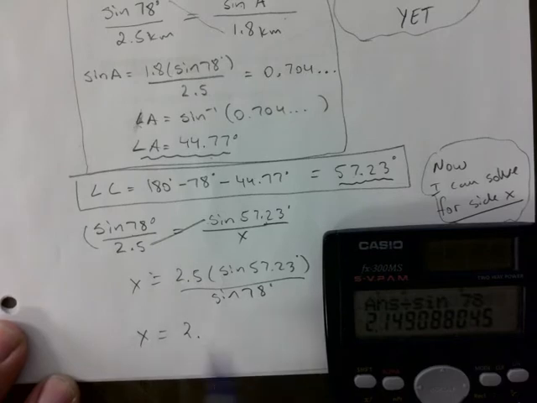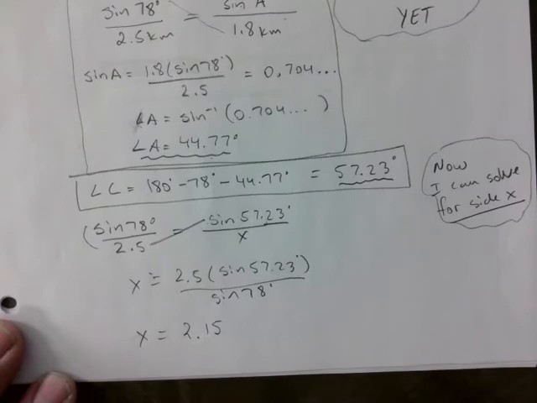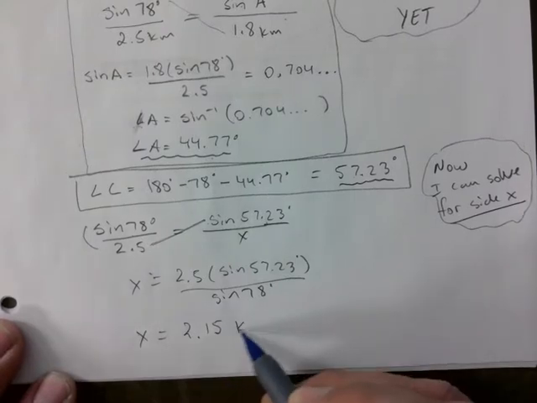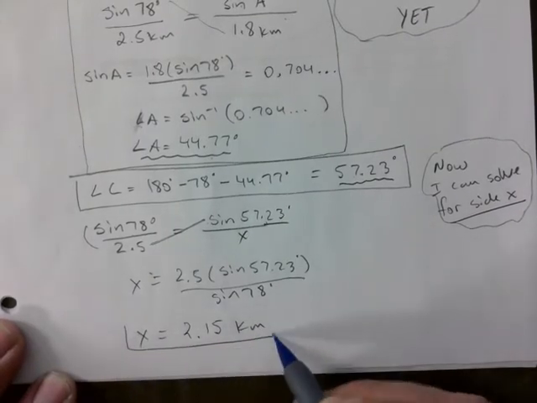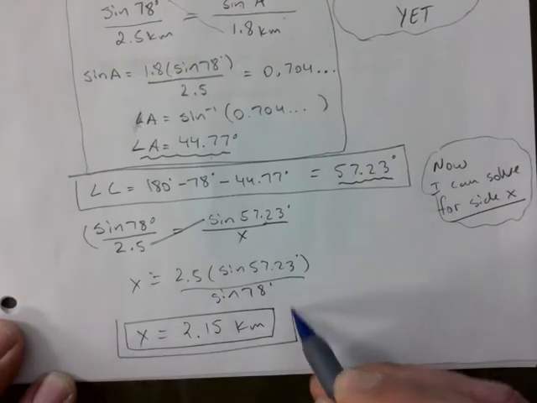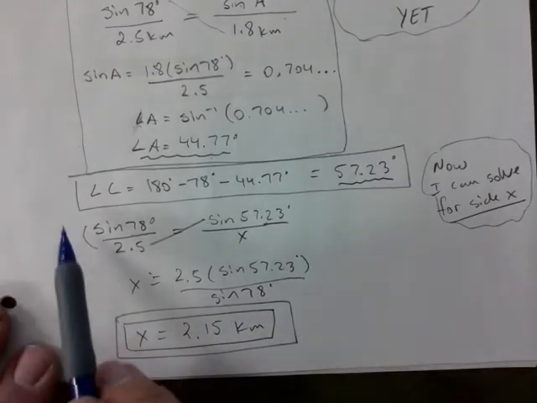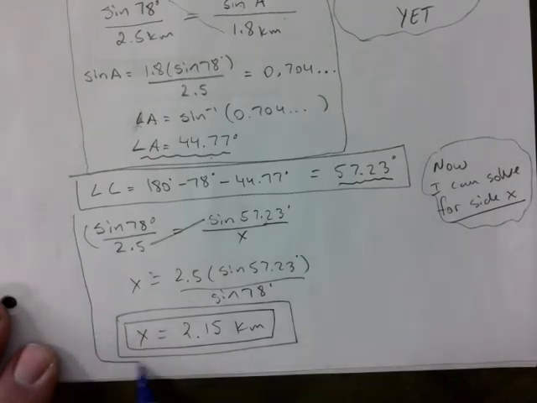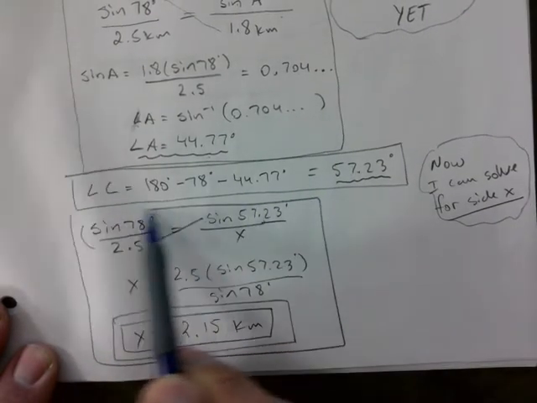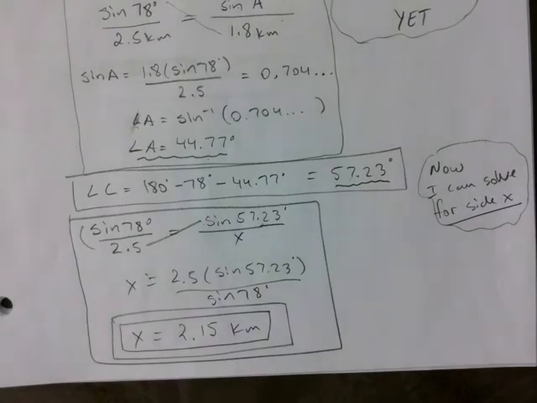That's 2.15. 2.15 meters, right? Yeah, kilometers, sorry, kilometers. That is the final answer. That's what we've been after all along. And I will box this in here because that was my last calculation.